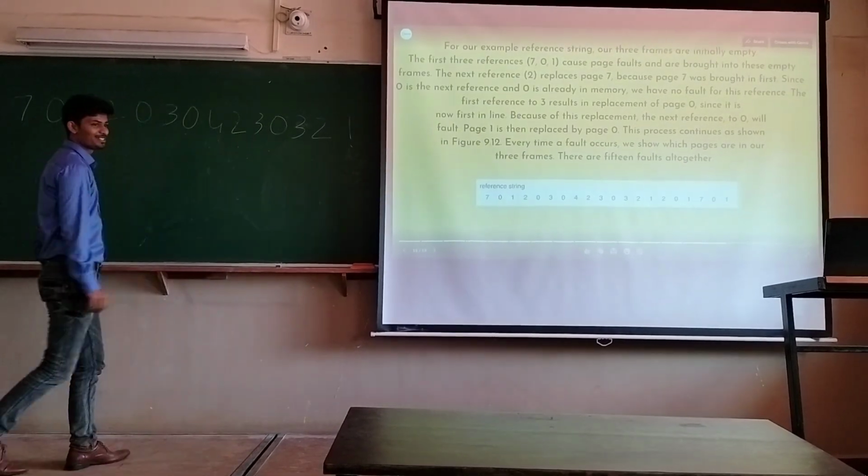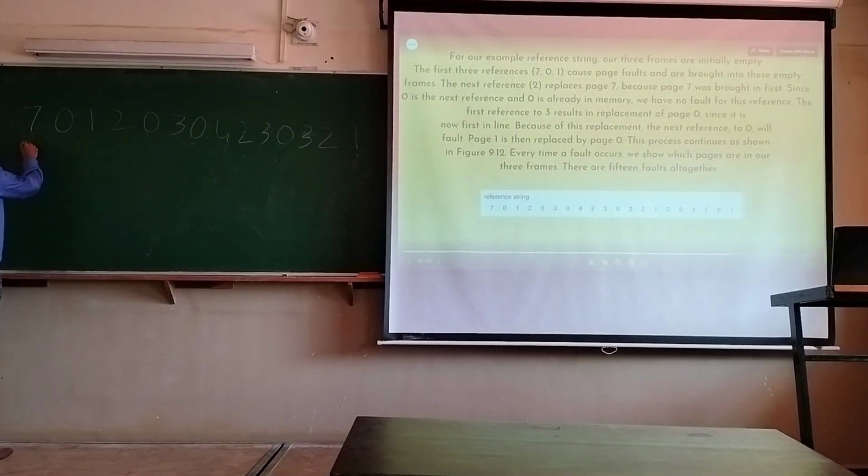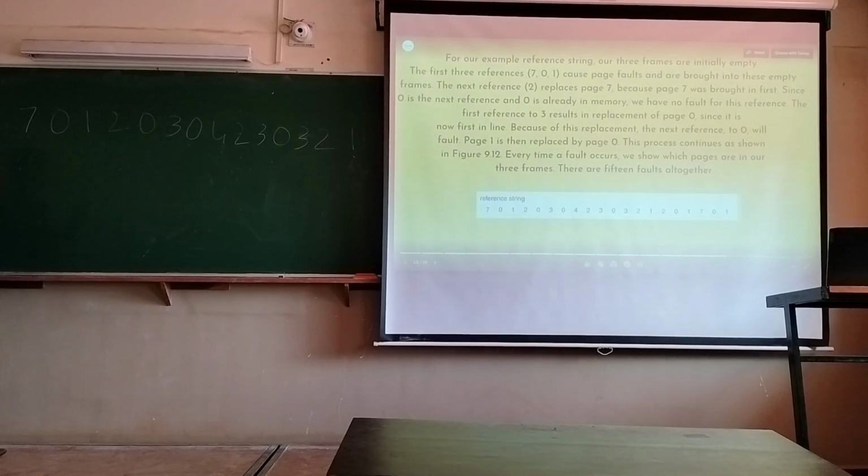We solve only this much now. We will consider 3 frames, meaning 3 empty spaces.